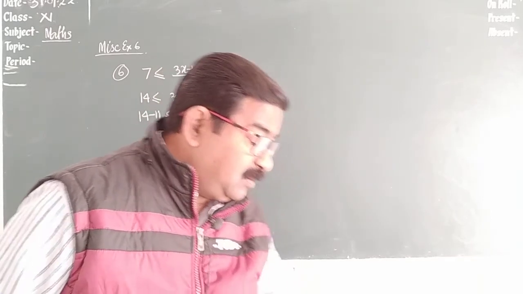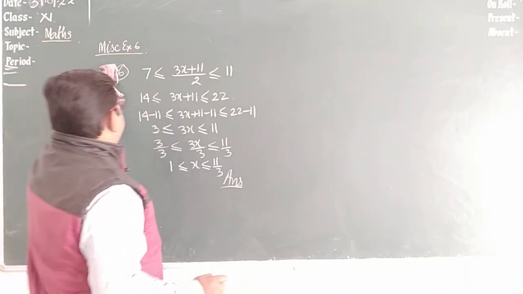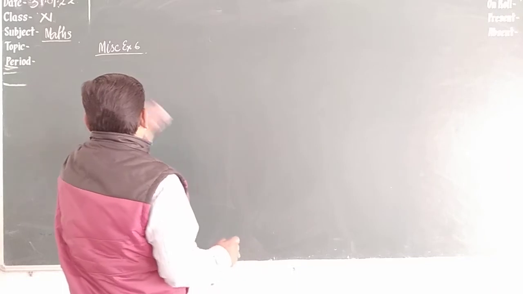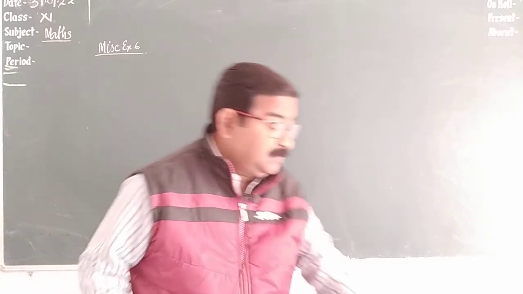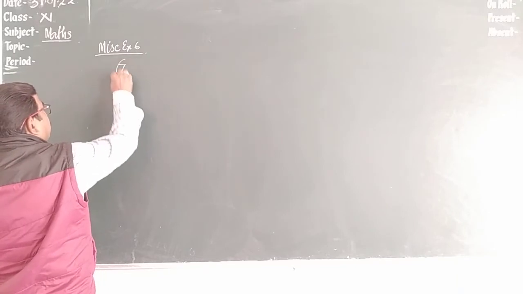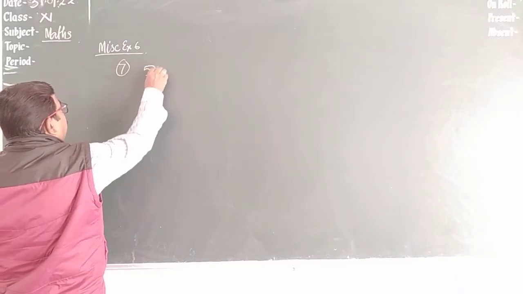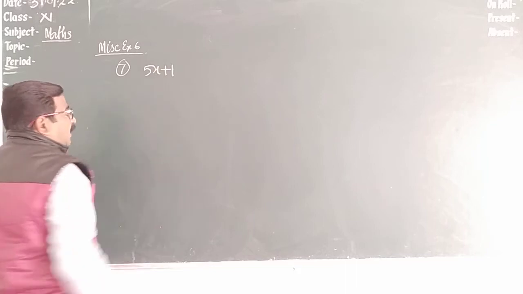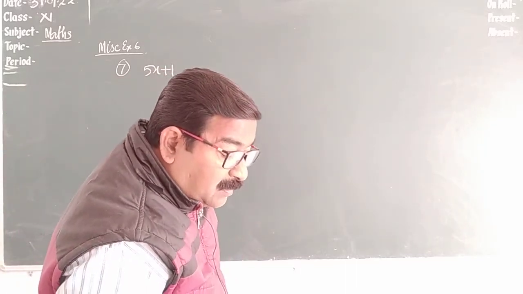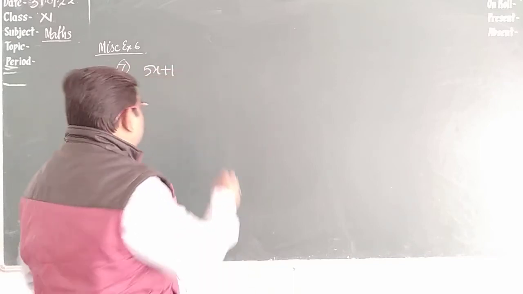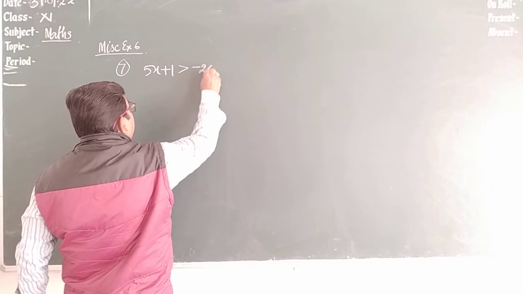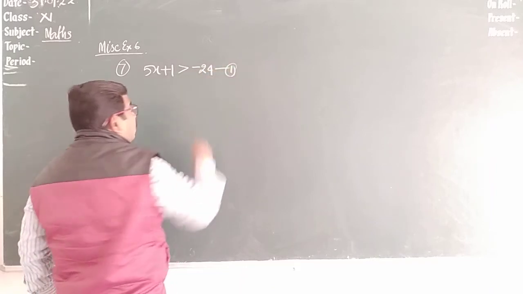Seventh question. 5x plus 1 is more than minus 24, this is inequality number 1.